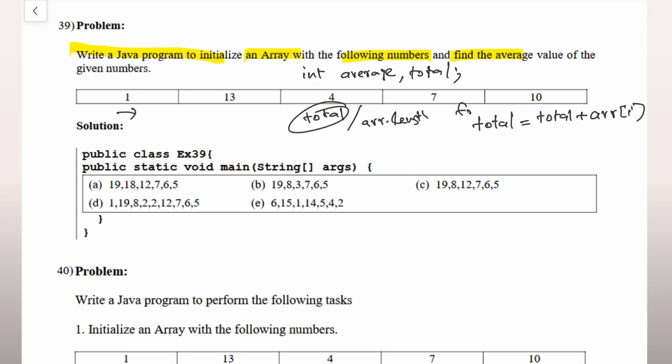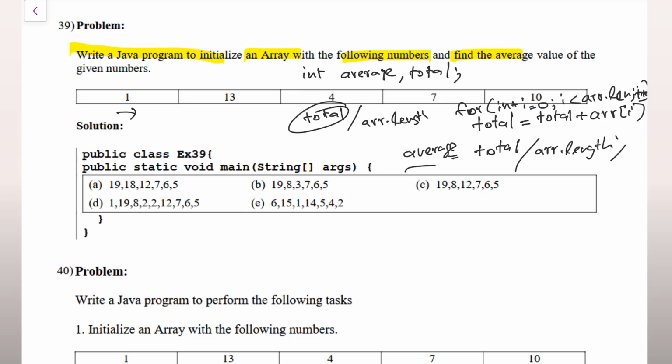When you go through a for loop, for int i equals 0 up to i less than array.length, i plus plus, that's the normal way to do that. And then after you find out the total, what do you do? Total divided by the number of elements, which is arr.length, right? So this is how you get the average. Simple as that. And then you can print. Okay, so that's the general idea.